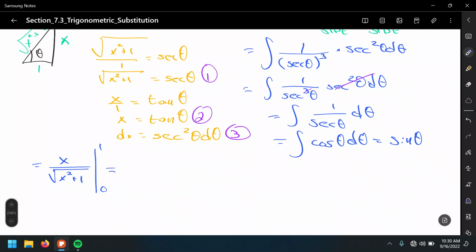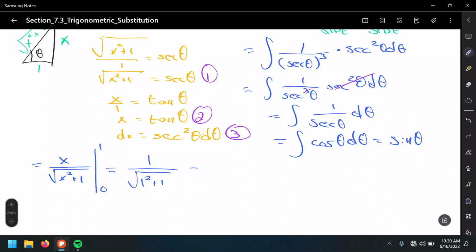The rest of the problem is upper limit minus lower limit. That is 1 over the square root of 1 squared plus 1, minus, well, do we agree that if we plug in the lower limit, this is going to be 0 in the numerator, divided by 0 squared plus 1?